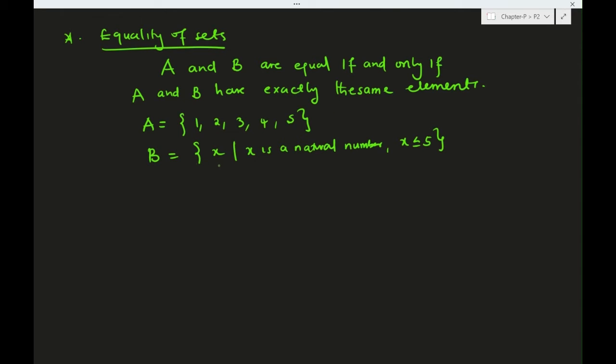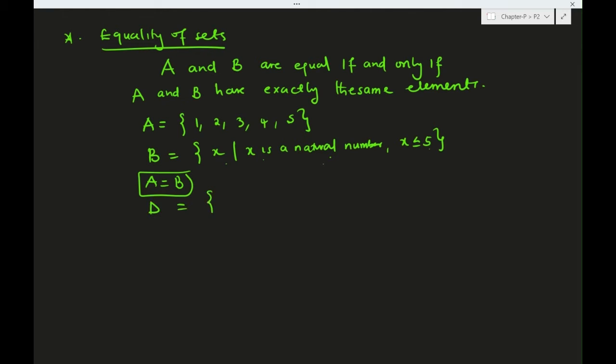So this is 1 to 5. And here you say B is X, X is a natural number, right? We know natural numbers start from 1, 2, 3, 4, 5, and it's less than or equal to 5. So you can see that A is the same thing as B, because they have not just the same number of elements, but the same elements. So we say these are equal sets.